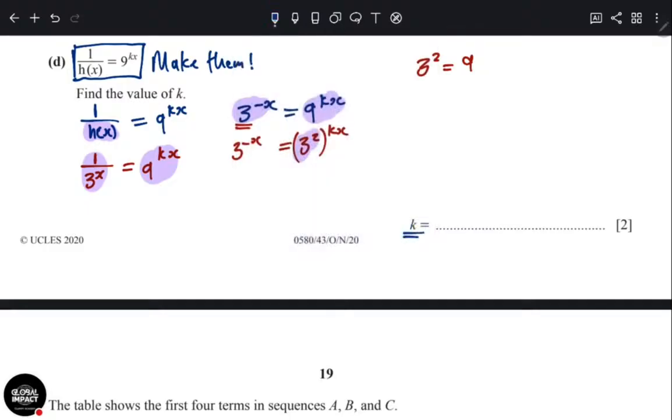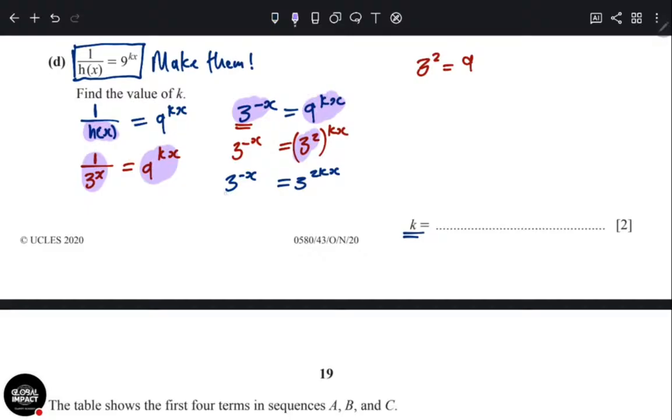Now the laws of indices say if you have a number with a power raised to another power, you multiply the powers. That's the third law. Remember, you need to know 3 laws. So it becomes 3 to the negative x is equal to 3 to the, let's multiply the powers, 2 times kx, it becomes 2kx.